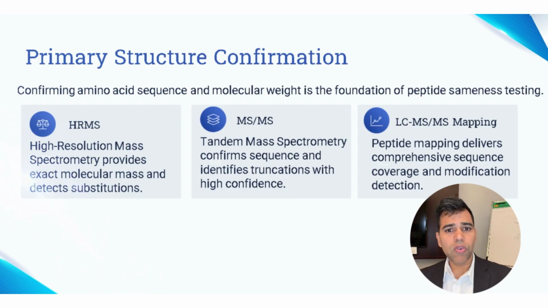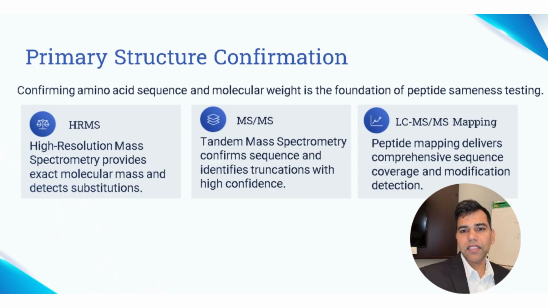But mass alone doesn't tell you the sequence. That's where tandem mass spectrometry, or MS/MS, comes in. You fragment the molecule, and from those fragments you read the sequence, like chapters of a book in order, with confidence. Truncations and unexpected extensions show up clearly.